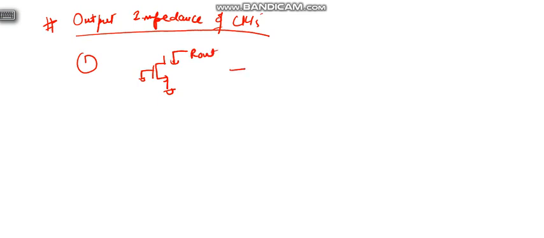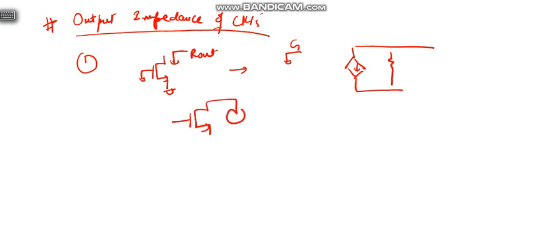If we draw its small signal, the gate is ground. We apply one test voltage, say Vx, at the drain node where we need to find Rout, and Rout equals Vx upon Ix.